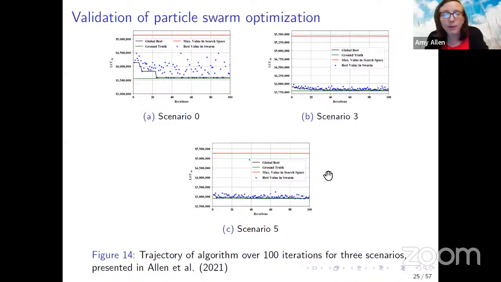And I've numbered them here accordingly, with scenario 0 being a set of parameter values that resulted in an optimal connection of no buildings to the network, etc.